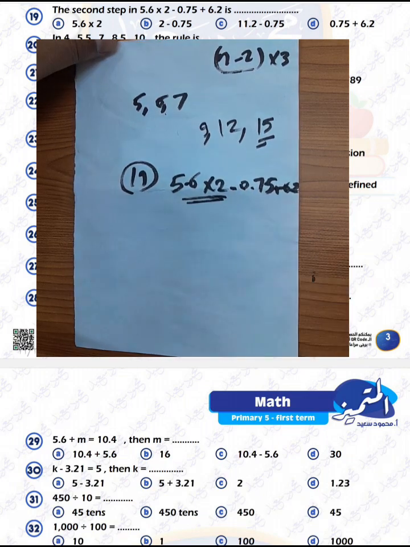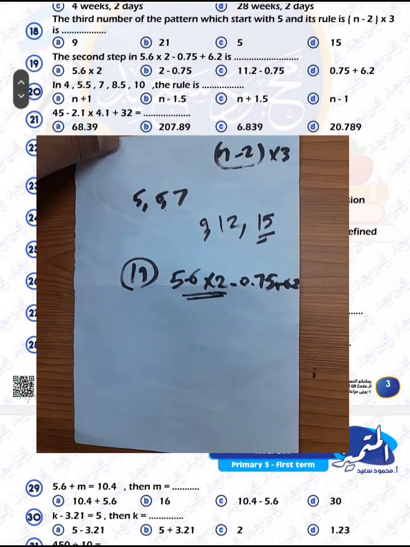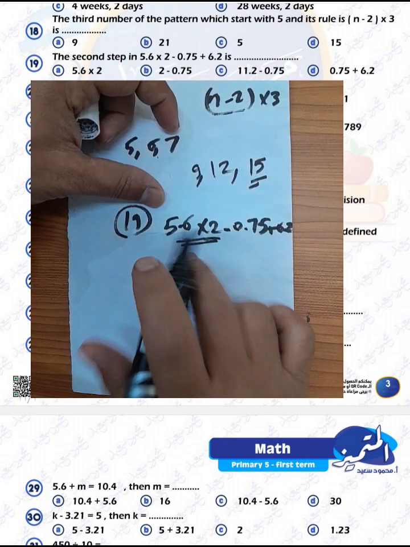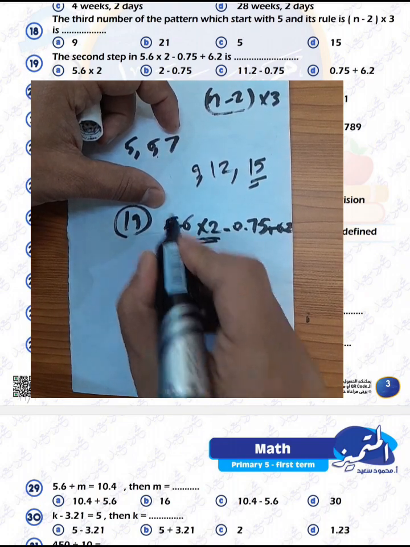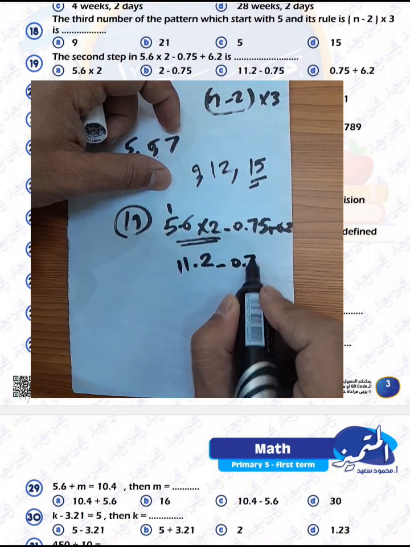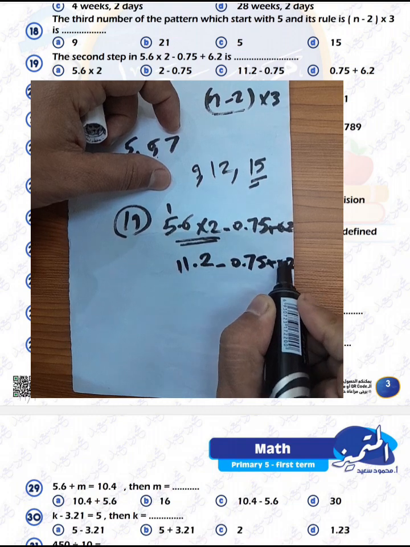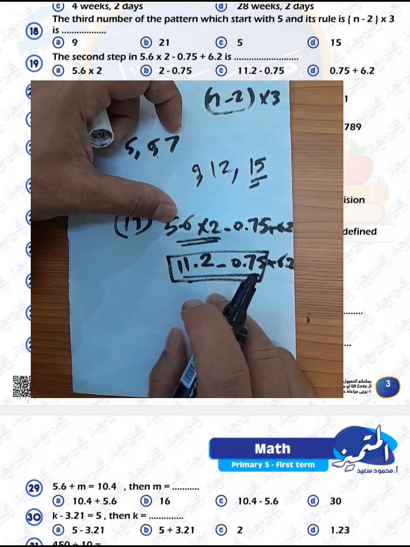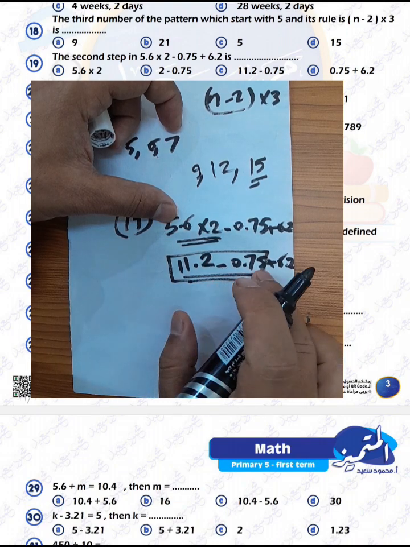He wants to find what the second step is. First, 2 times 6 equals 12. 2 and carry 1. 2 times 5 equals 10 plus 1 equals 11. Subtract 0.75 plus 6.2. That's the second step. The second step here is 11.2 subtract 7.5. Choose letter C.